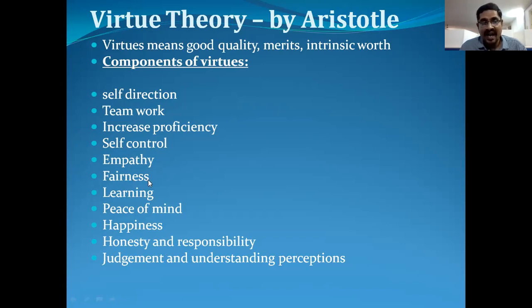Fairness means having accurate, truthful and faithful activities, not doing fraudulent things. Fairness simply means doing the right things. Next, learning under proper conditions: learning new things for the betterment of the society.